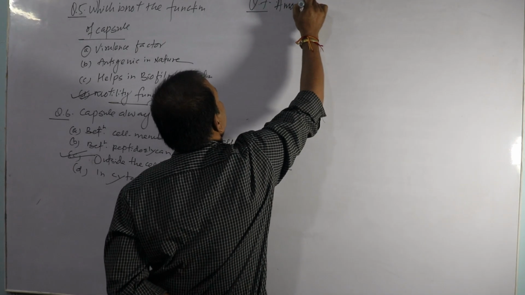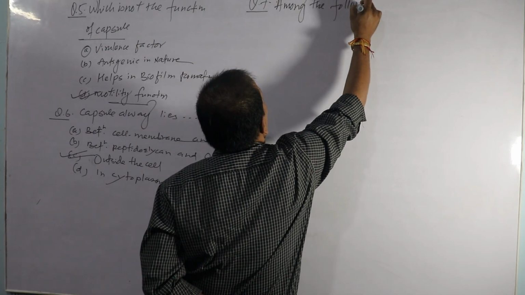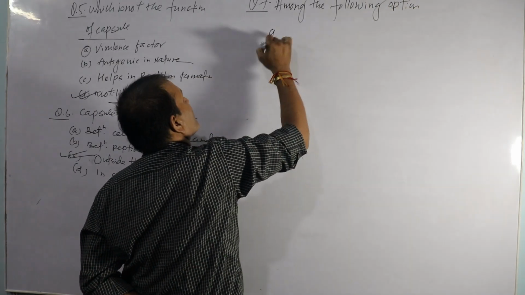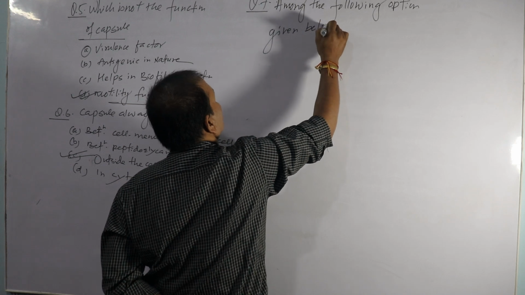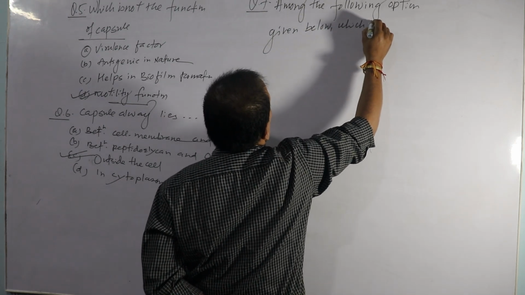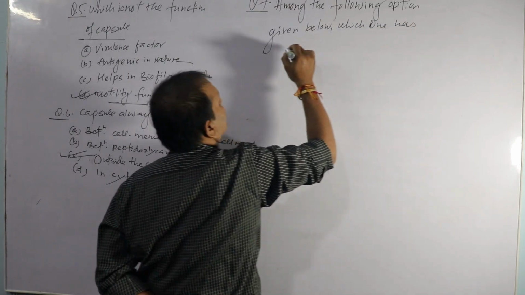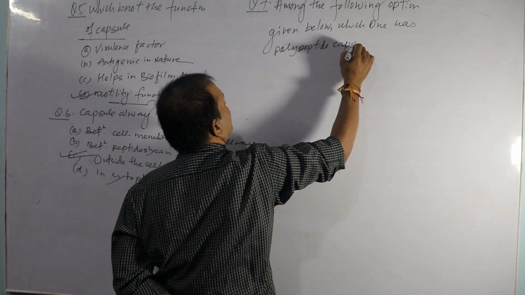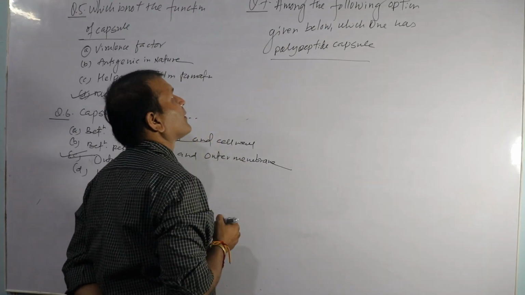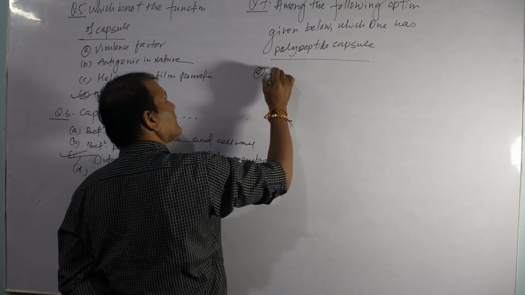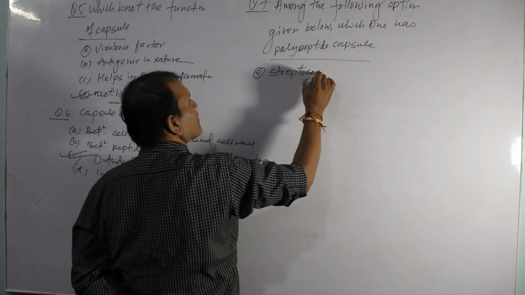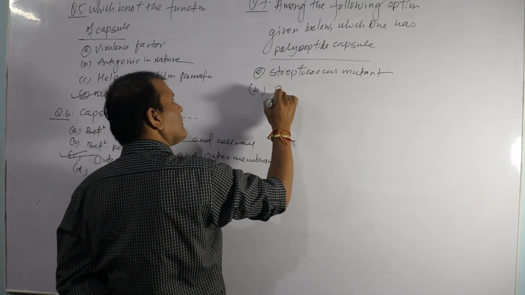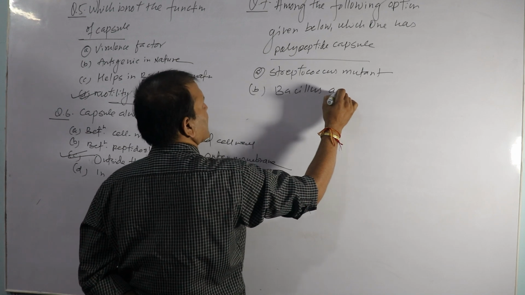Question number 7. Among the following options given below, which one has a polypeptide capsule? Option A, Streptococcus mutans. B, Bacillus anthracis.